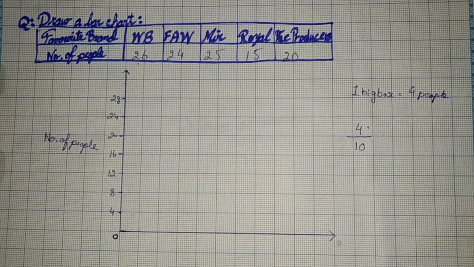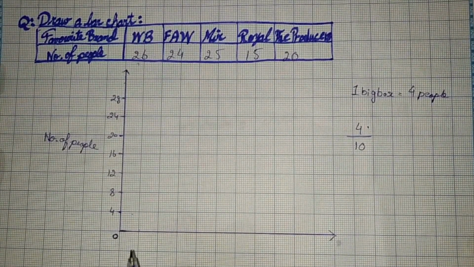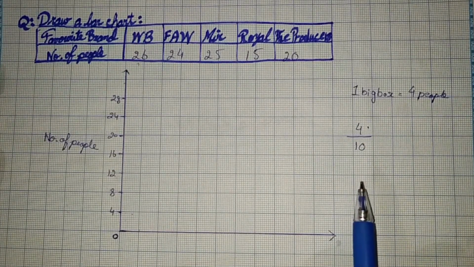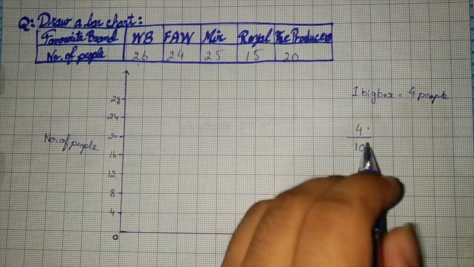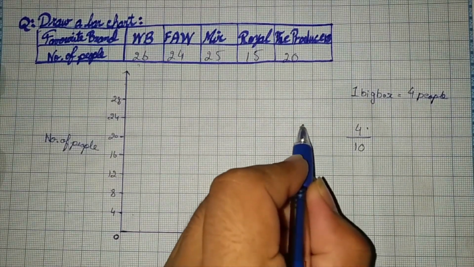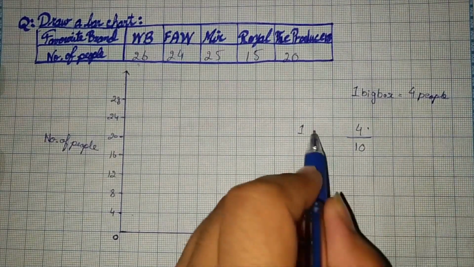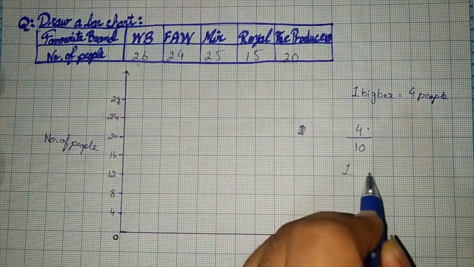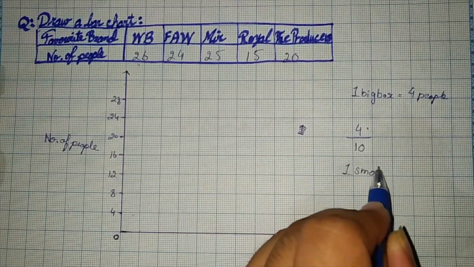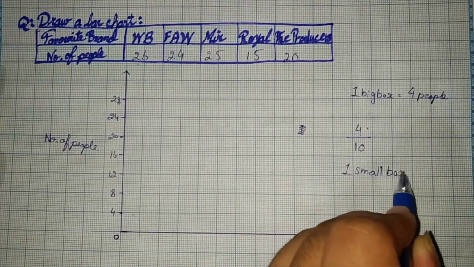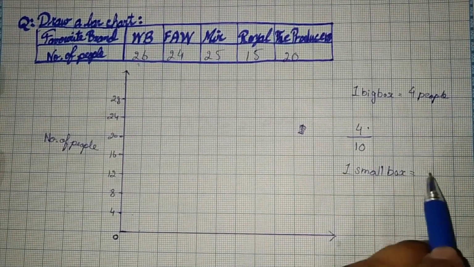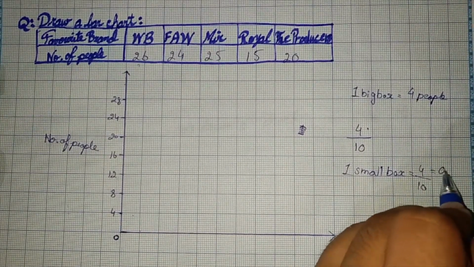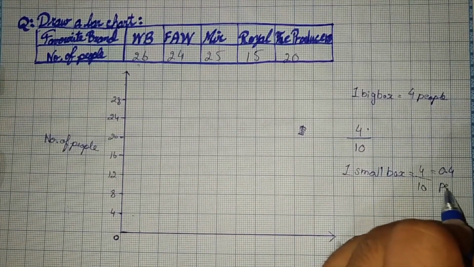To find each small box, if I divide 4 people by 10, I can find out that 1 small box, I can divide 4 by 10, so I will get 0.4 people.